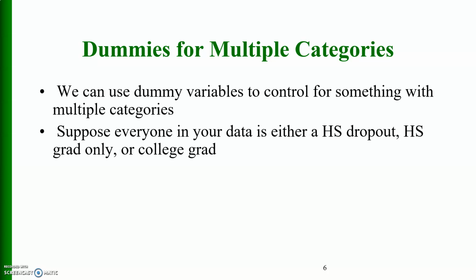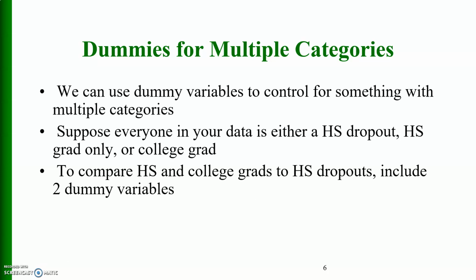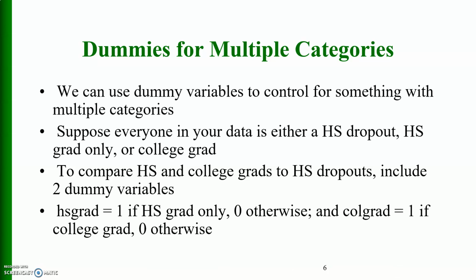So there are three categories. To compare high school and college graduates to high school dropouts, we will include two dummy variables. In this case, high school grad is equal to 1 if high school grad only, 0 otherwise, and college grad is equal to 1 if college graduate and 0 otherwise.